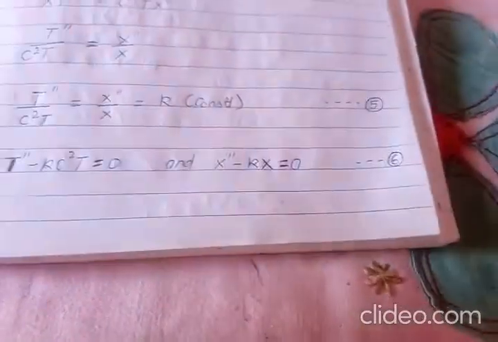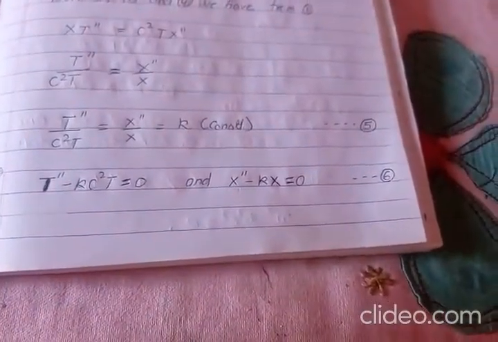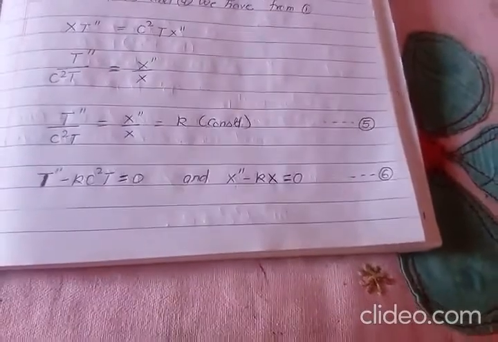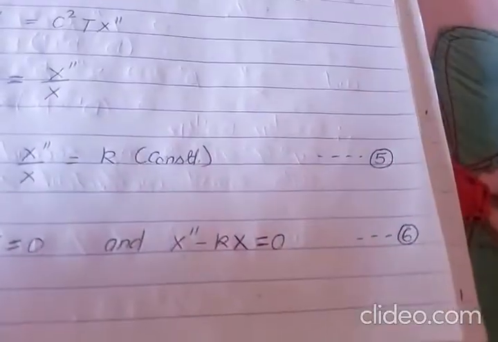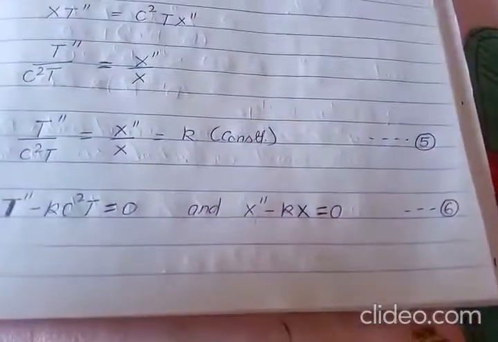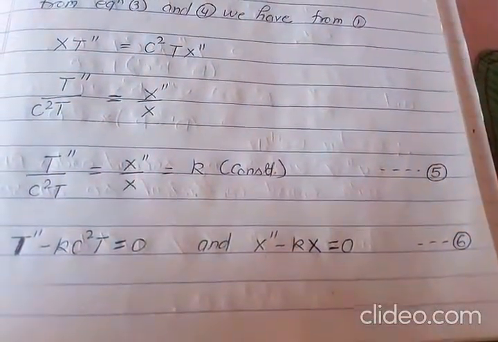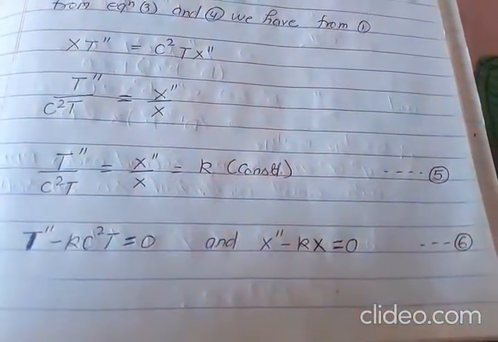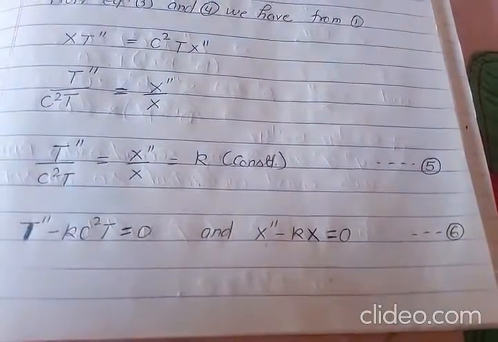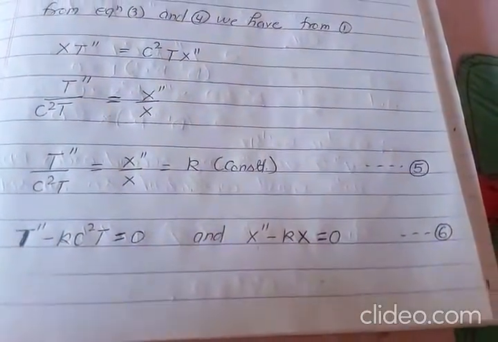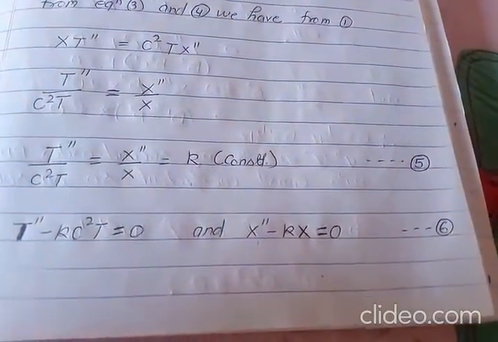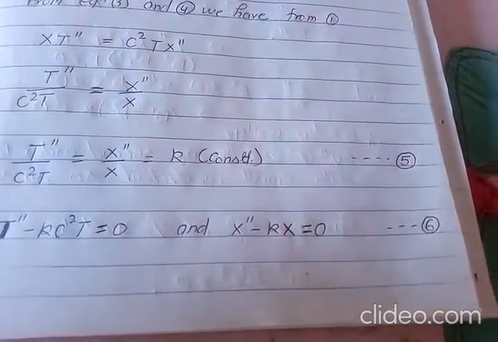If we observe these equations 6, T'' − k c² T = 0 and X'' − kX = 0, three cases arise from equation 6. First, what will be the solution if the value of k is equal to 0?